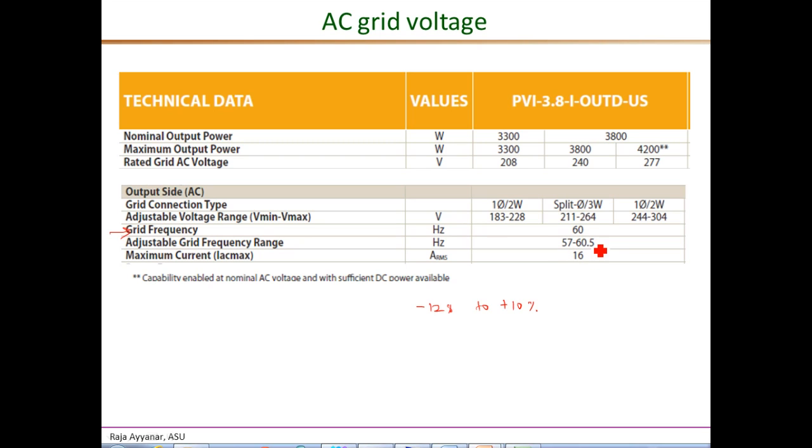Probably the reason why it is restricted to this range is that if you're using frequency based island detection, then the moment the grid frequency or the system frequency goes lower than 57 or higher than 60.5 Hz, a grid failure or an island is detected, and the inverter switches itself off.